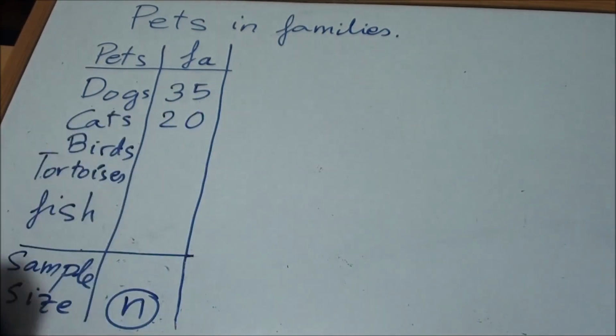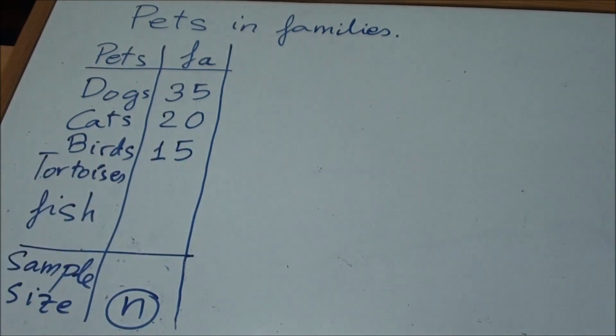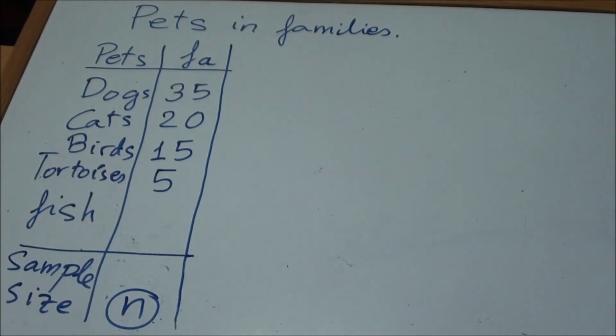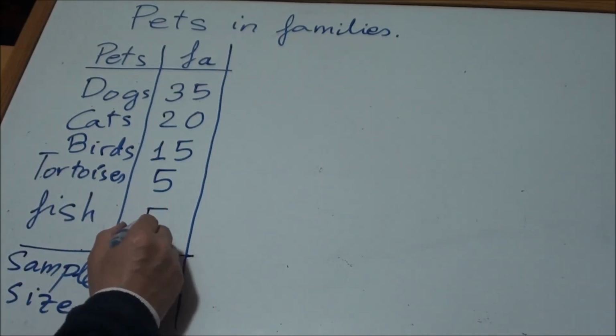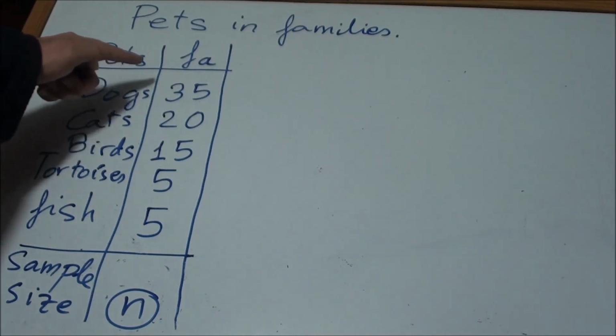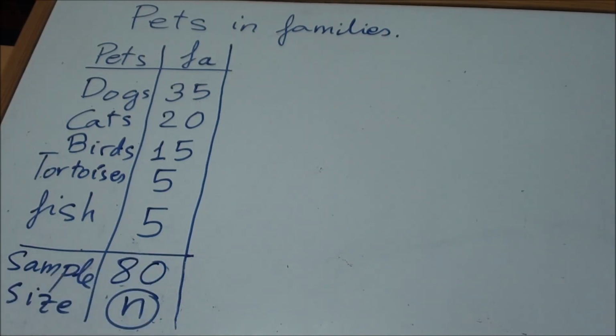20 families had cats. 15 families had birds. 5 families had tortoises, and 5 more families had fish. So we add all the numbers and we get 80. 80 is the number of families we have asked.